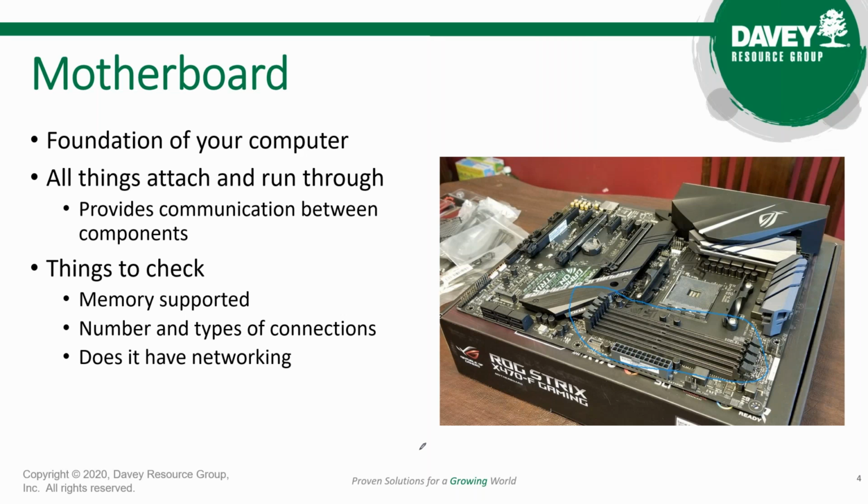And of course, another big important connection type to be aware of is what type of networking the motherboard supports. Is it Wi-Fi? Is it just Ethernet? Is it Wi-Fi and Ethernet? If it's Wi-Fi, is it type G, type B, type N? What type of Wi-Fi does it support if you're going that route?